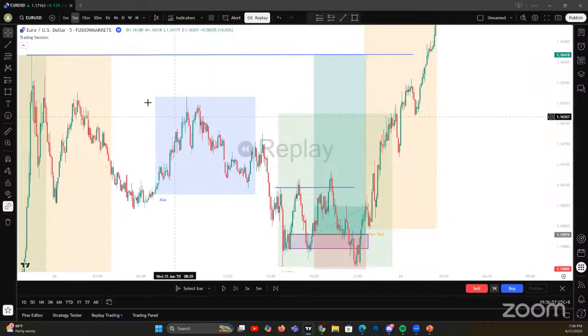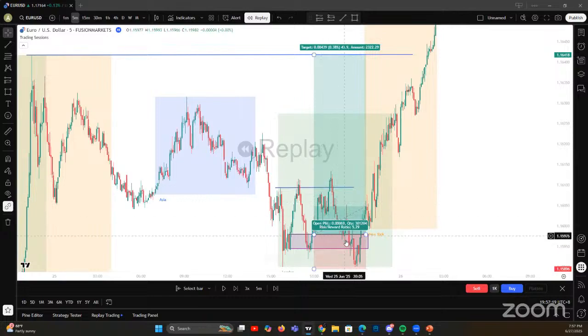Okay, I could just look for Asia or London to break it. But the bias is bullish, I want to buy. Okay, it's going down. Let London do its work. Okay, change of character, and then it will go to the pullback. Where is my order block? There it is. It went there. You can enter there.